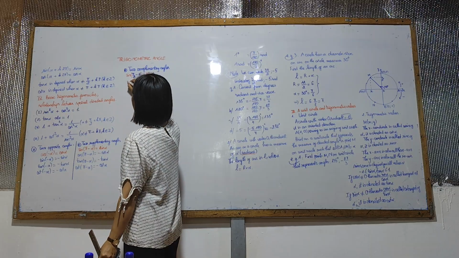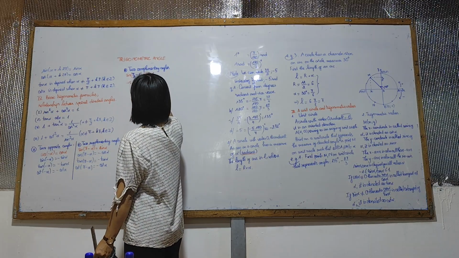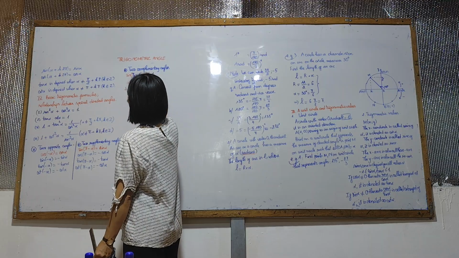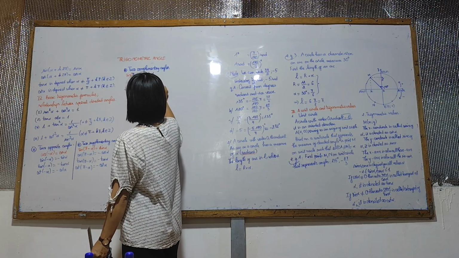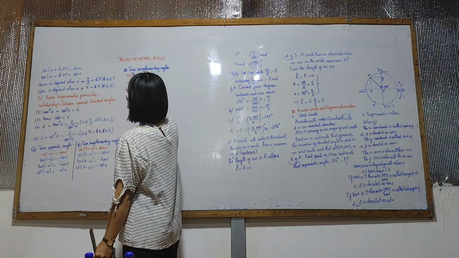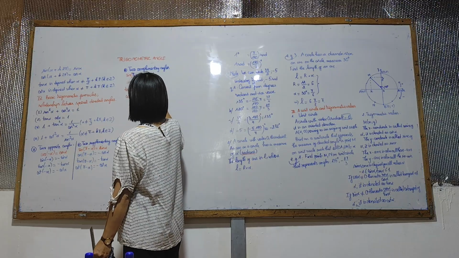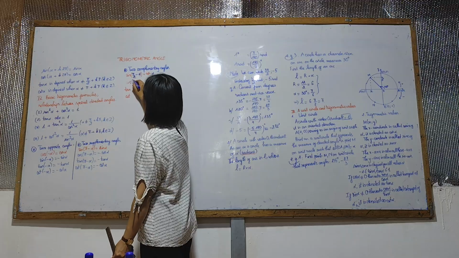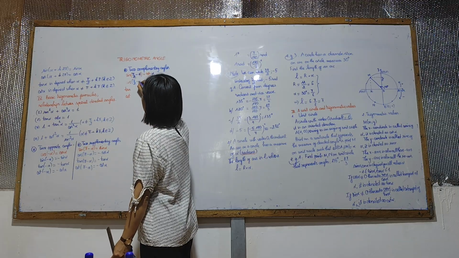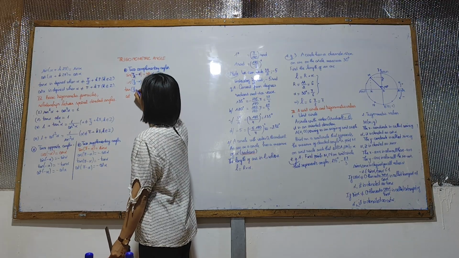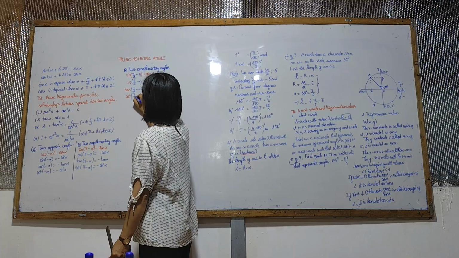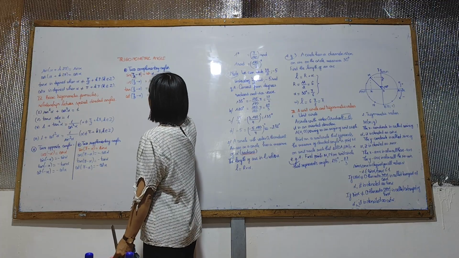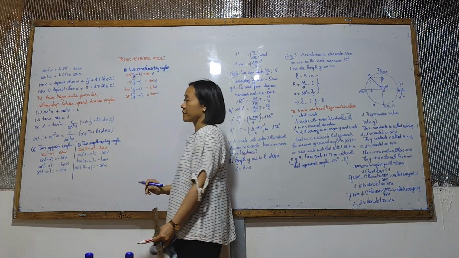In the same way, cosine equals sine, tangent equals cotangent, and cotangent equals tangent of pi over 2 minus alpha. And this one is alpha.